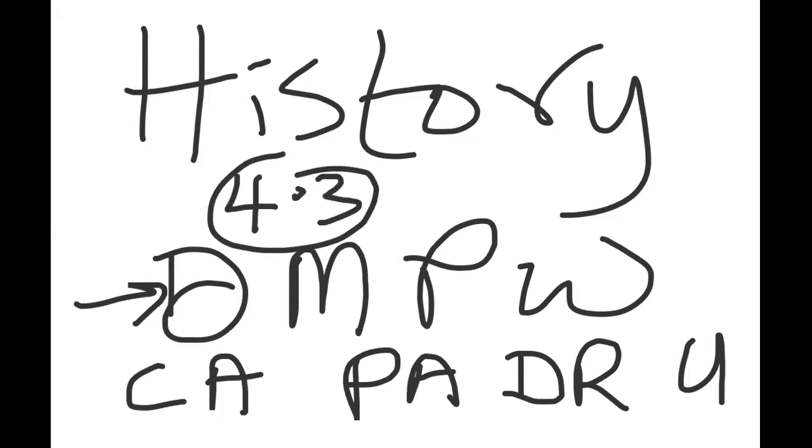I call that CAPADRU. Some people call it CAPADRU. But the bottom line is this: change requests are broken down in detail in 4.3. And that is the first place you see these change requests as an output. And that's why it is broken down to a large degree in there.